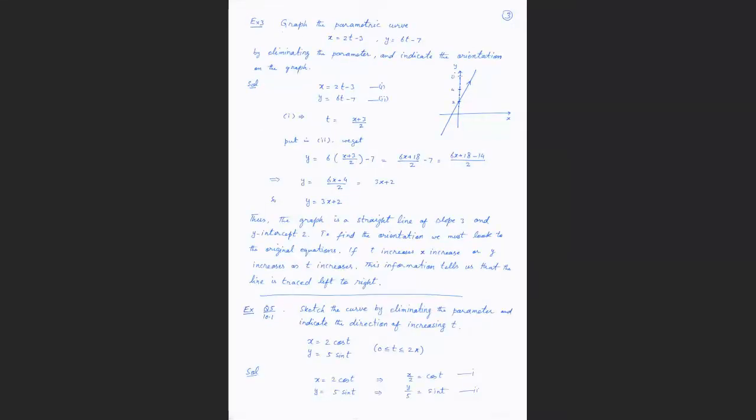Okay, this is the solution, and we will just compare what we did with what is in the solution. These are the two parametric equations. First, we choose equation 1 and find the value of t. Substitute this value of t in the equation for y, and we got this result: y is equal to 3x plus 2.